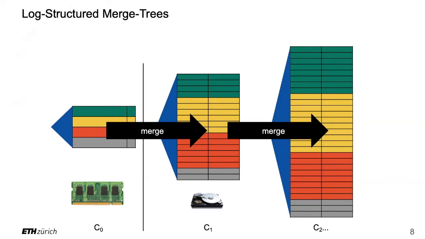Just to be clear, what is in the memory does not come from an H file. It's what has not been written yet to an H file. So this is all the fresh things. If you look at the data flow, there's the user inserting something, it's flushed to the write ahead log, and then it's put in the concurrent skip list map. How the skip list works and so on is out of scope of the lecture. There's a whole bunch of algorithms that tell you how you insert a new value in a skip list.